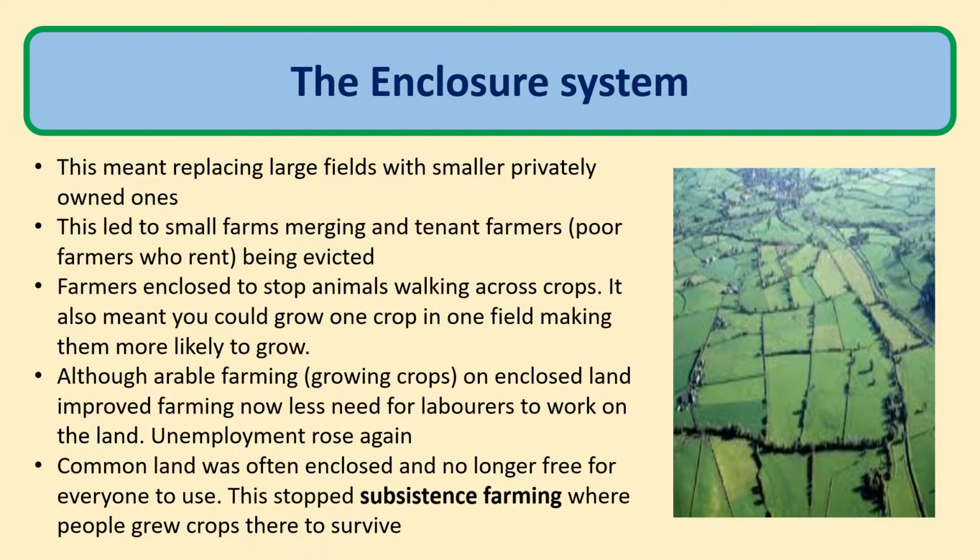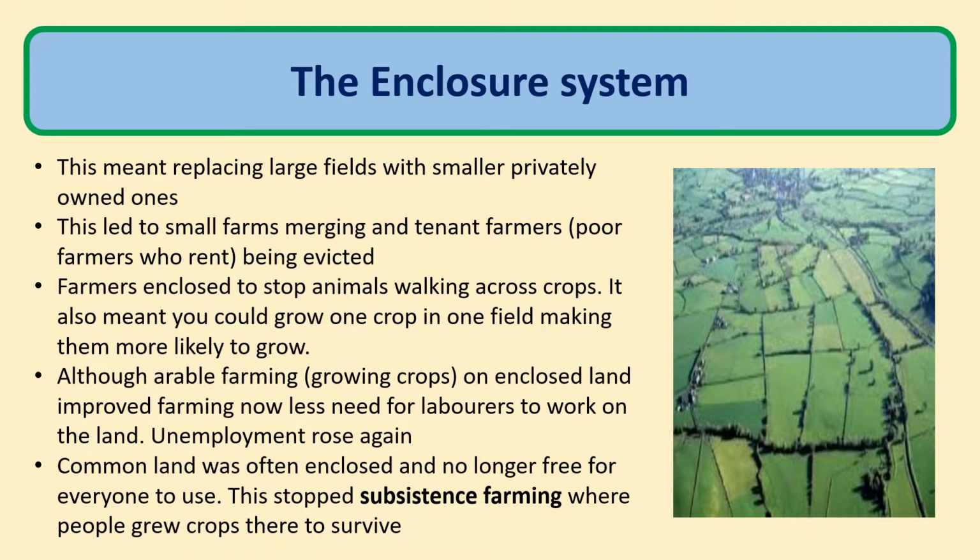Now, although arable farming, i.e. growing crops on enclosed land, was done, remember some of the time it was down to the idea of growing crops for the animals, not for the human beings. It meant you needed fewer labourers to work on it. So, as we said, unemployment rose. Also, common land also began to be enclosed, and it was no longer free for everyone to use.